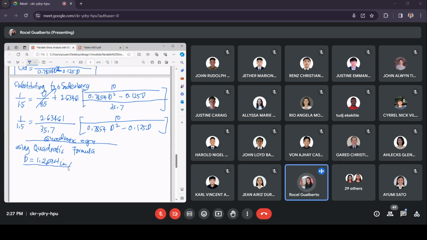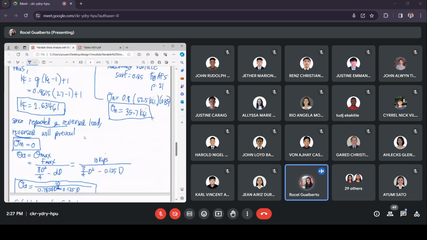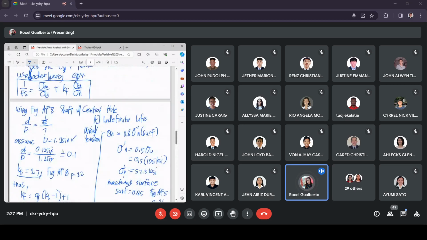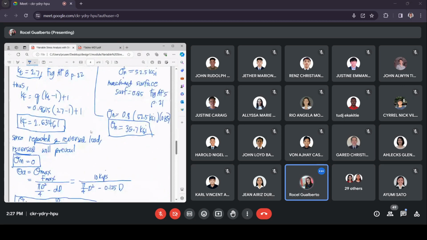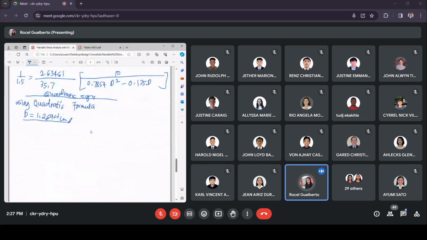Your answer now is to be compared with your assumption. We go back to your assumption. Here, we assumed 1.25 inches, equivalent to 1 and 1/4 of an inch. And our answer is 1.2694, which is equivalent to 1 and 3/8.